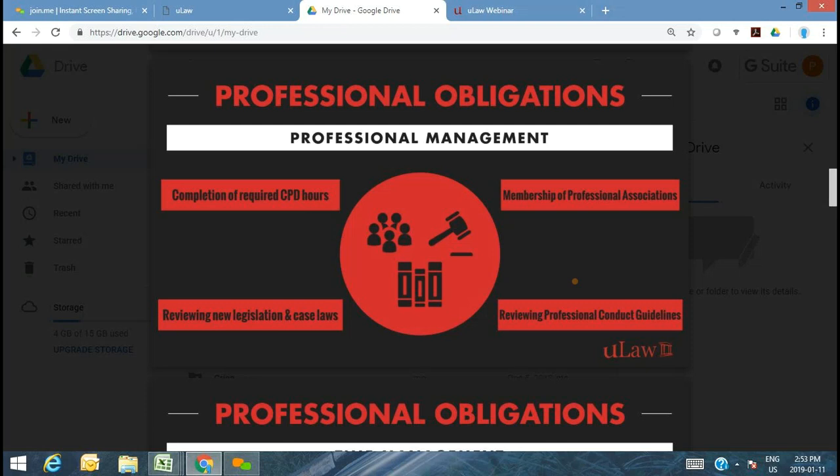Other things that they talk about is considering membership with professional associations. One, there's a bond that's built within common minds. There's opportunity for associations to hopefully provide you with better services, discounted software, discounted service agreements. So it really builds a bit of a social commitment within like-minded individuals, legal professionals.